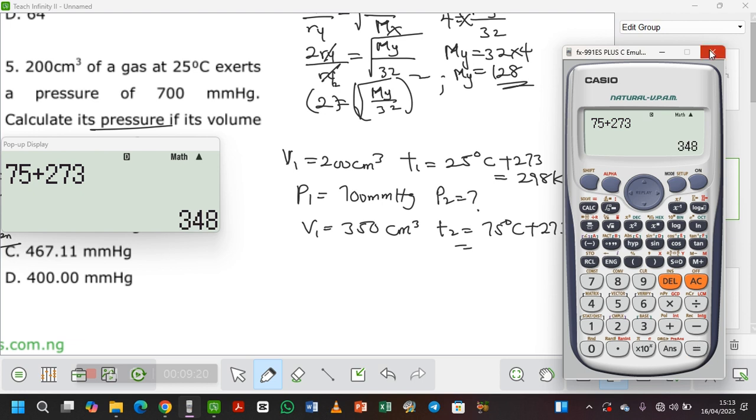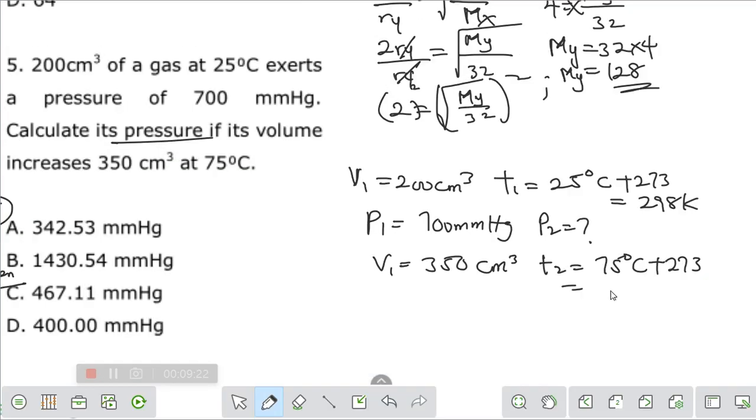So we have 348. I'm still going to need that calculator again. So we won't forget the formula. We are going to use the general gas law. That will be P1V1 over T1 is equal to P2V2 over T2. So let me just use the calculator.